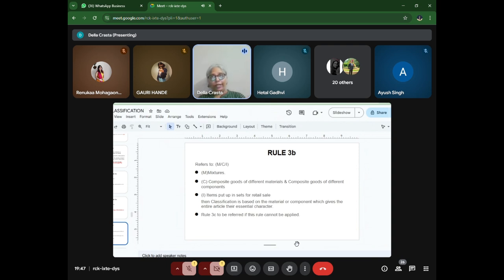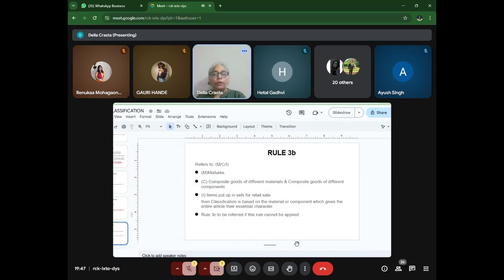Rule 3B, 3A, 3B, 3C, they apply for mixtures, composite goods, or sets, or the ones which are collected together and are being bought and sold together. So this is the same condition of articles which are to be considered over here as well.